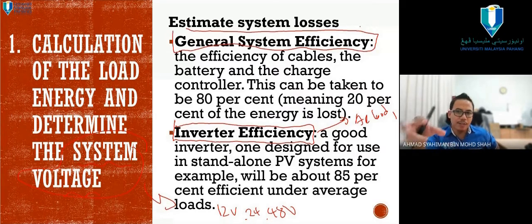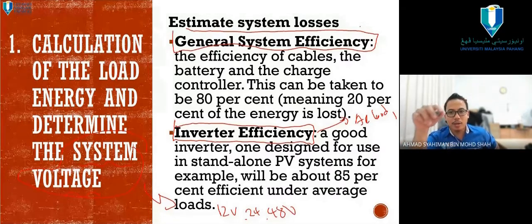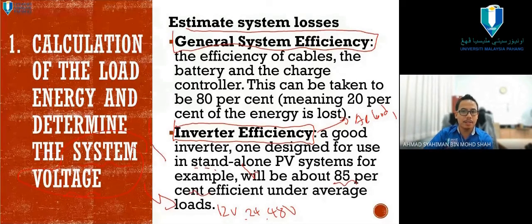And then the inverter efficiency, you can get it, you can look at it. So a good inverter, one designed for use in a standalone building system, for example, will be about 85% efficient under average loads. Still, this value is also debatable. Like I told you, if you are looking for an inverter, please look for pure sine wave.